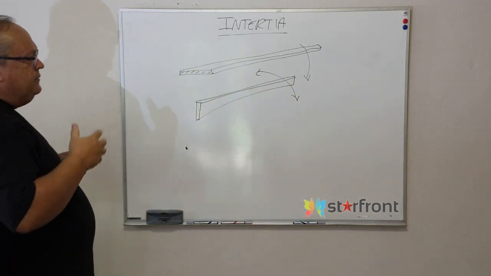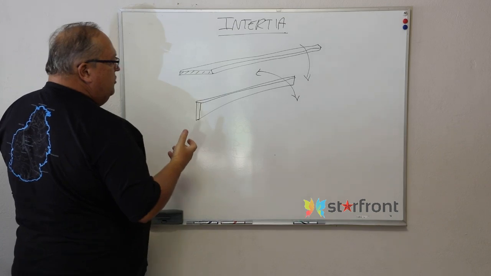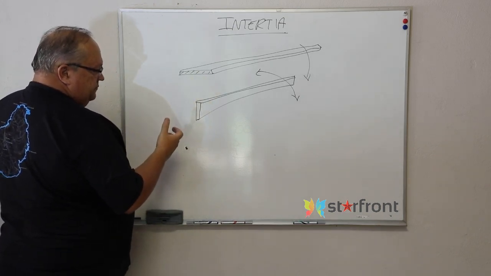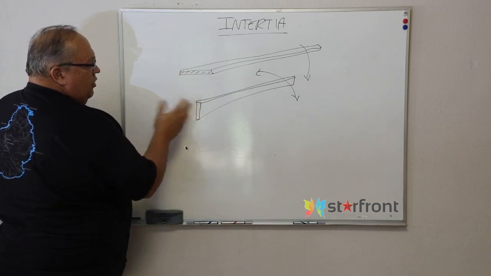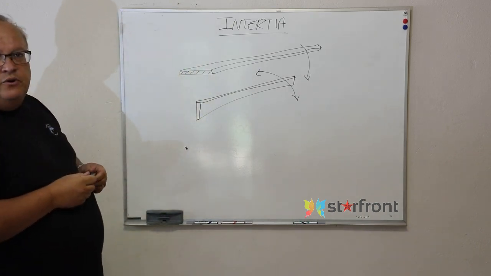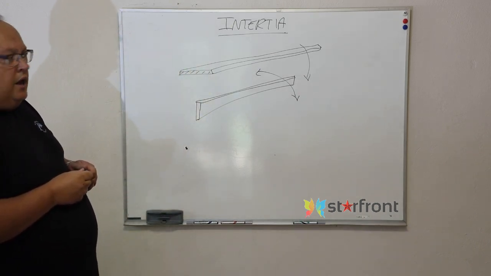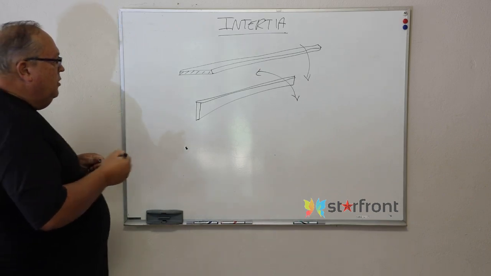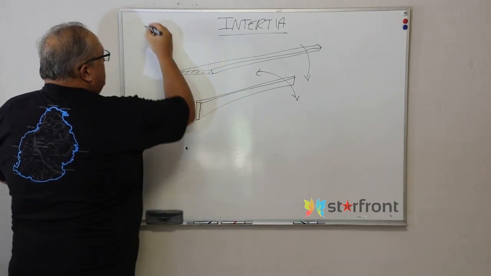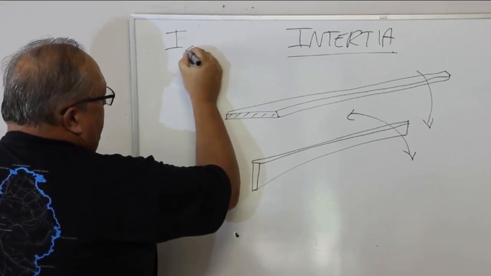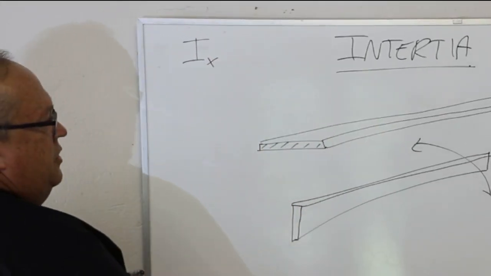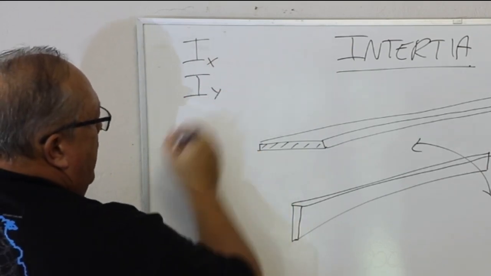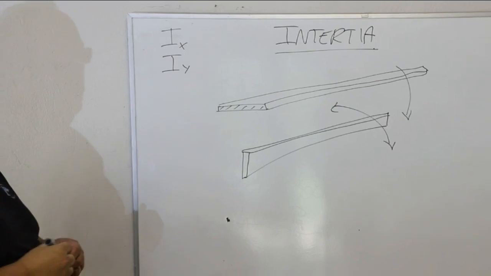And the reason why I'm demonstrating that is to show you that the inertia value of a profile is a function of which way that particular profile is orientated as well. And in fact, when we're talking about the inertia of an aluminium section, we not only talk about an Ix value or the inertia in the X direction, we also talk about the inertia Iy in the Y direction.